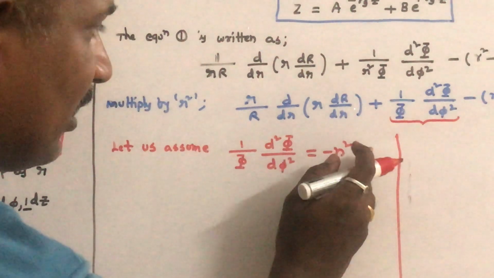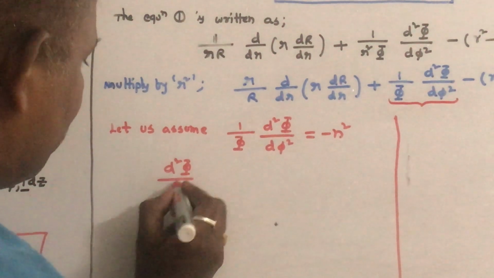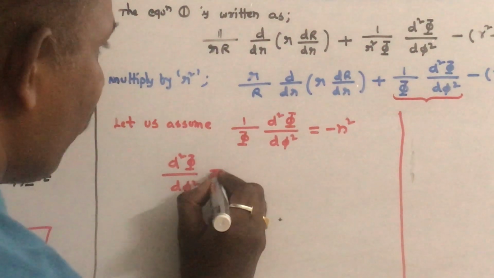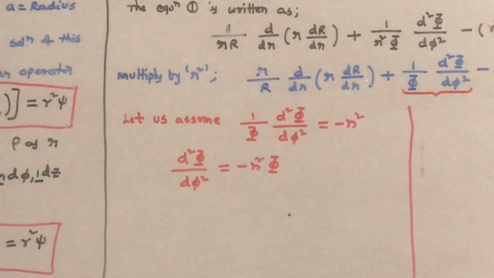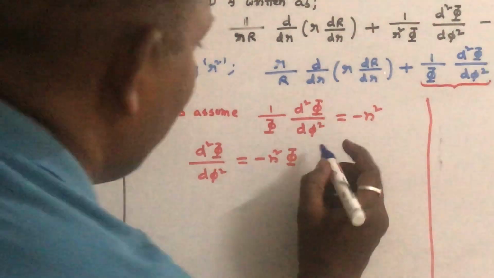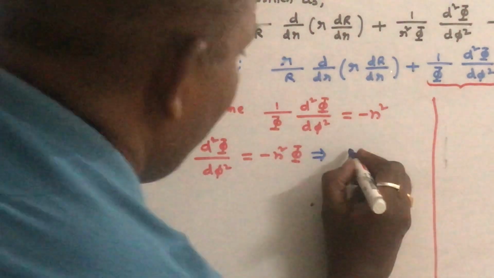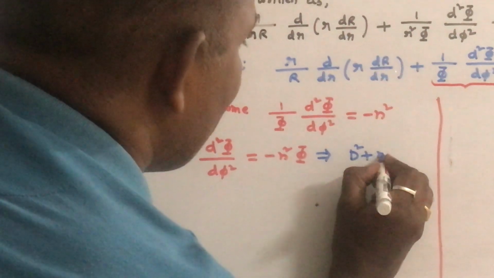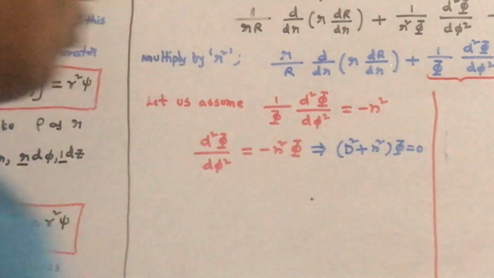So d square Phi by d phi square is equal to minus n square into capital Phi. In differential equation format, replacing d by capital D, we write D square plus n square into capital Phi is equal to 0.